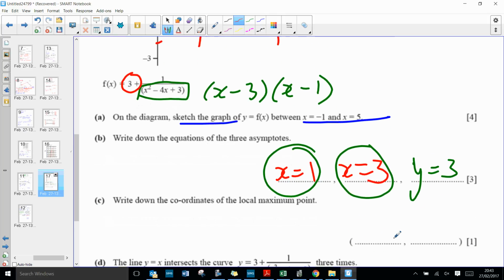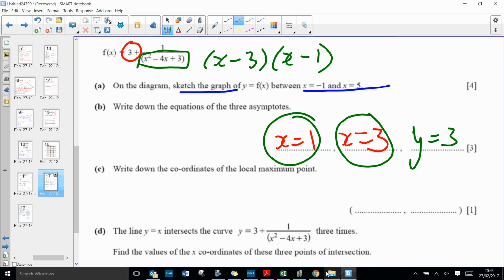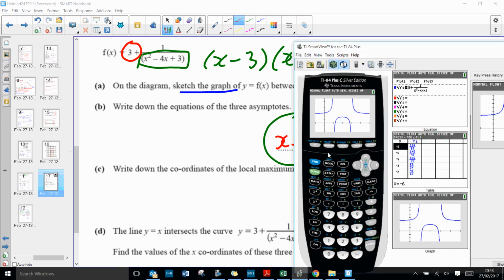So that's those points. Find the coordinates of local maximum. So this is where we do calc, maximum. Hoping you can see it's there. So left bound a little bit to the left, right bound a little bit to the right, enter, and you can see it's at 2, 2.